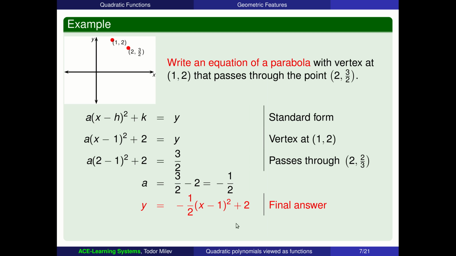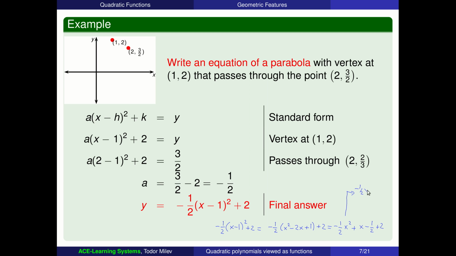So we have negative 1/2 times x minus 1 squared plus 2, and I can simplify that to negative 1/2 times x squared minus 2x plus 1 plus 2, which simplifies further to negative 1/2 x squared plus x minus 1/2 plus 2. I run a little bit out of space, so let me continue over here.